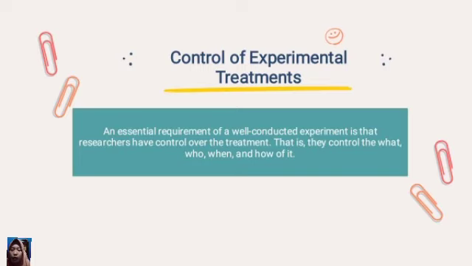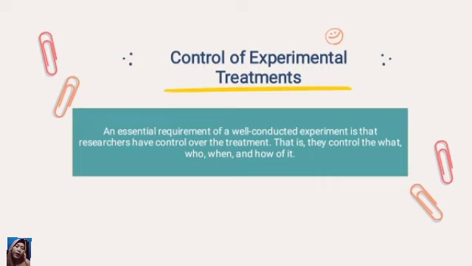And then of course, an essential requirement of a well-conducted experiment is that the researchers have control over the treatment. That is, they control the what, who, when, and how of it.